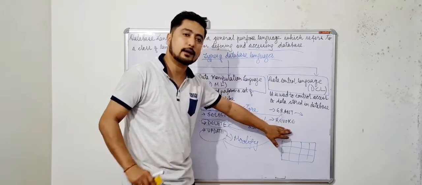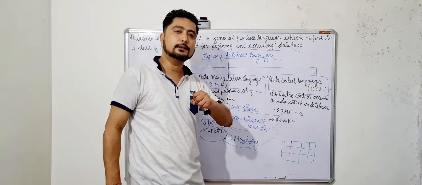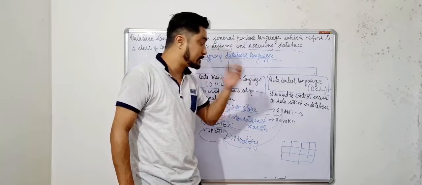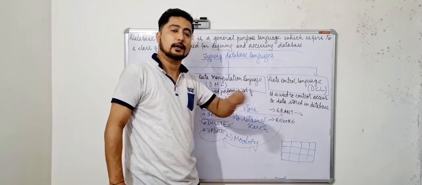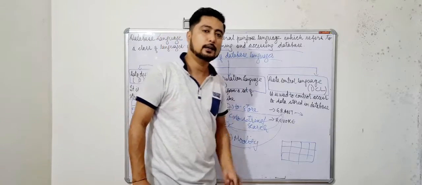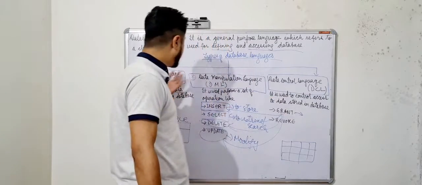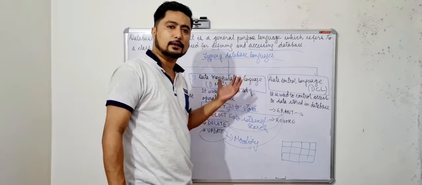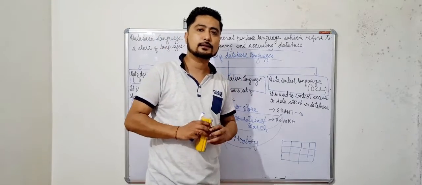So the revoke command is used to remove the permission from the database, and the grant command is used to give the permission to the user. So these are the three types of languages. This much in database language.